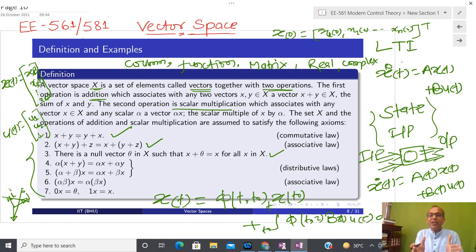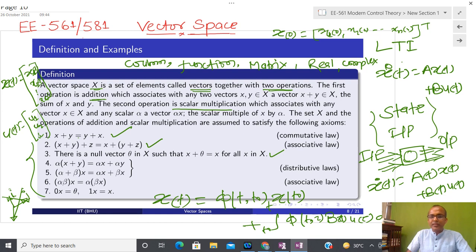It means the hardware is given to you, and now you can write the program; you just have to make sure that these 7 axioms remain consistent, then the hardware will work fine. That is the main motivation of vector space for us. If up to here anyone has confusion, please let me know, because this is very important to understand.